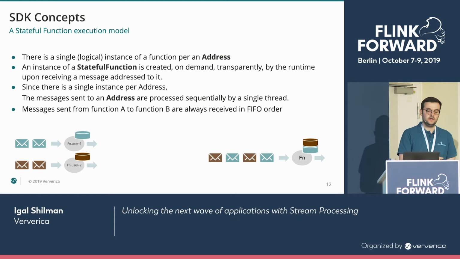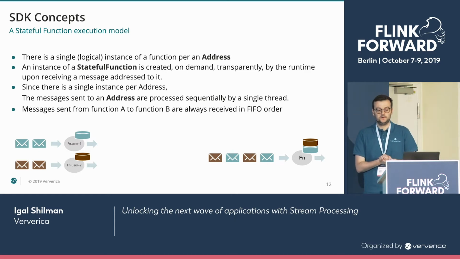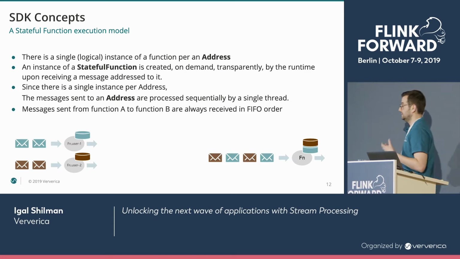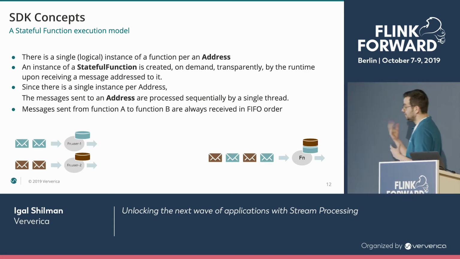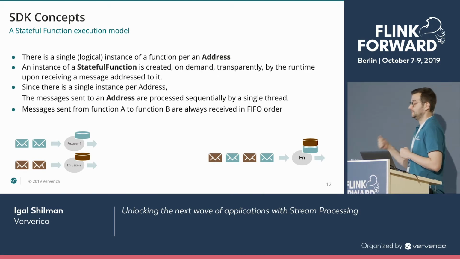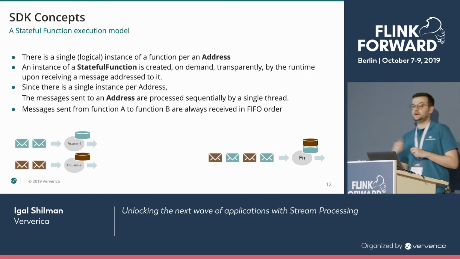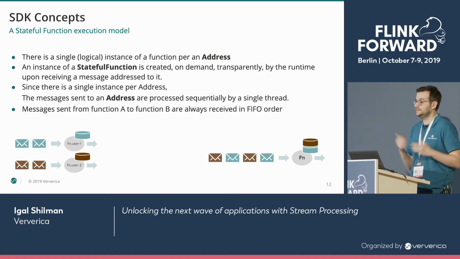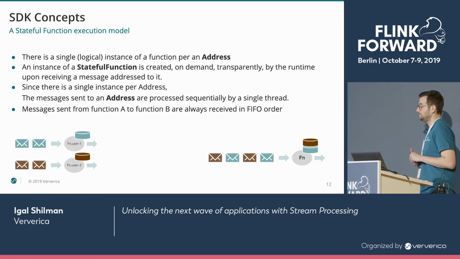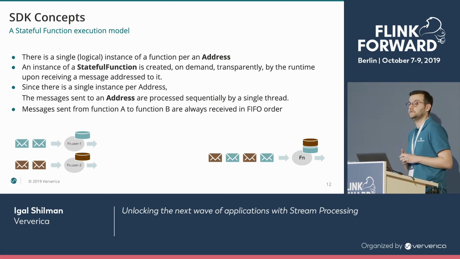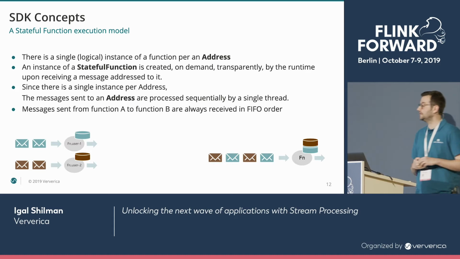And another thing to mention is that since a single logical instance serves a single address, messages sent to a single address are processed sequentially by effectively a single thread. This might sound familiar if you know the actor model, for example.